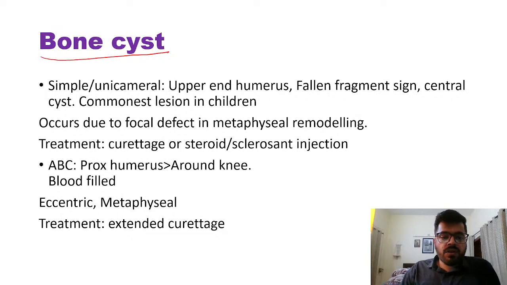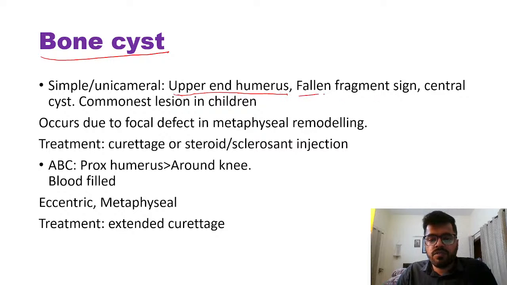Simple or unicameral bone cyst is mostly seen in the upper end of humerus, as we just saw, and there's a fallen fragment sign. The cyst is usually central. Commonest lesion in children is simple or unicameral bone cyst. It occurs due to focal defect in metaphyseal remodeling.